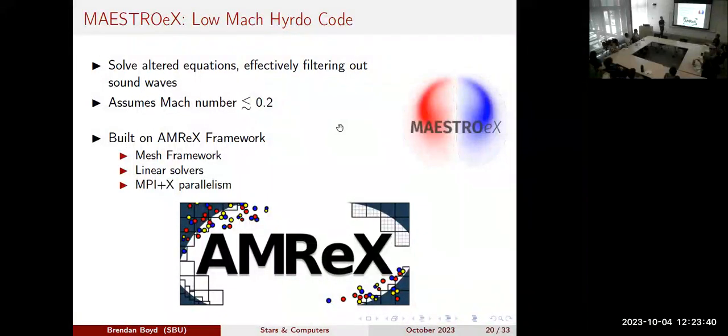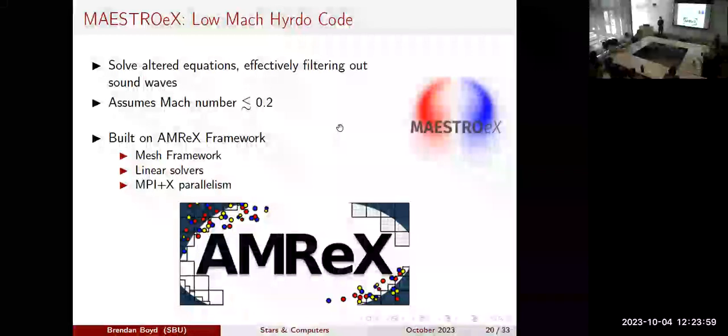And it's massively parallelized, with MPI plus whatever you want on top of it, GPUs or OpenMP. So it's really flexible, and there are lots of different hydrodynamic codes that are built on this framework, both in astronomy and other scientific domains.